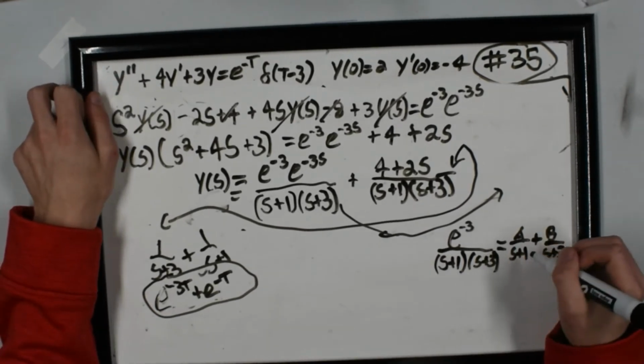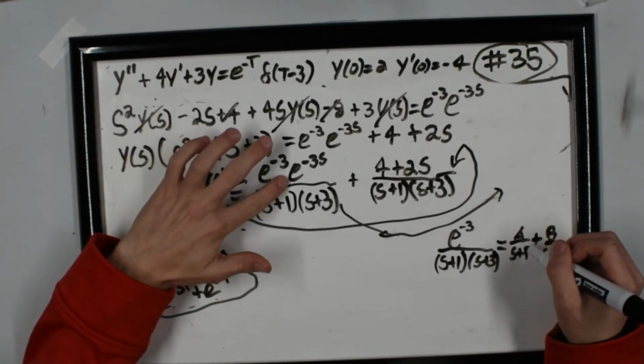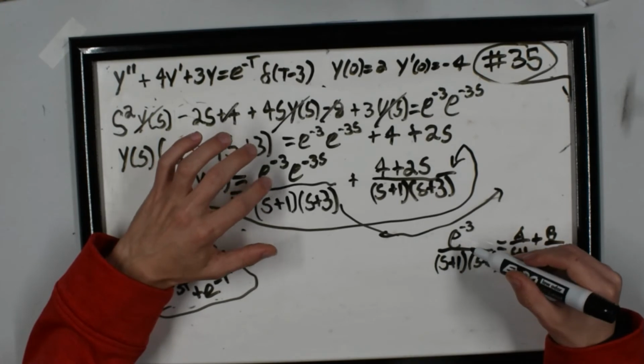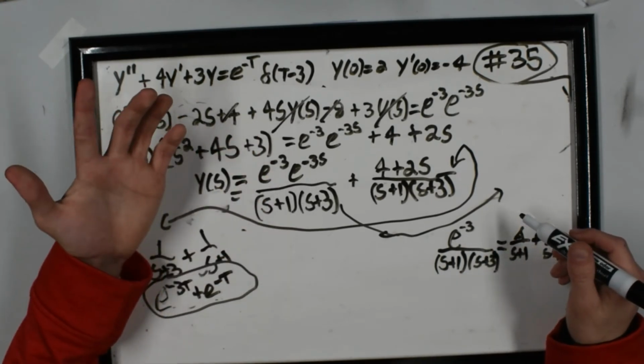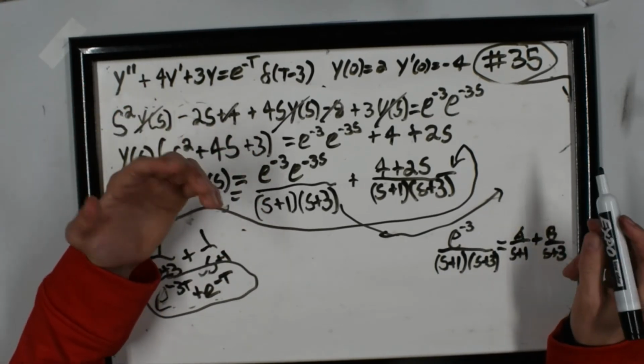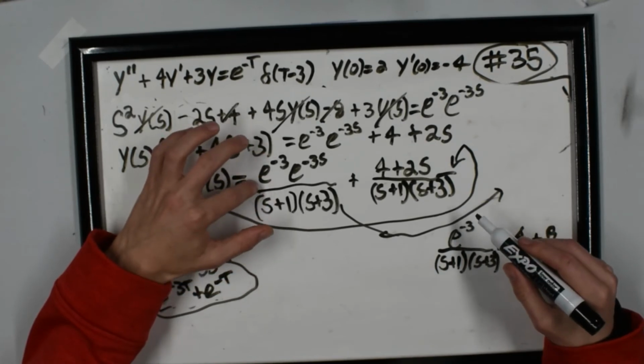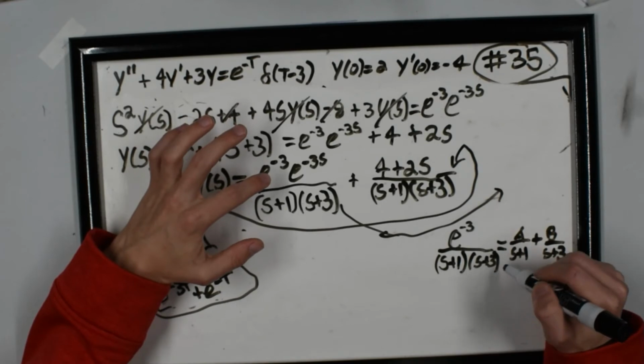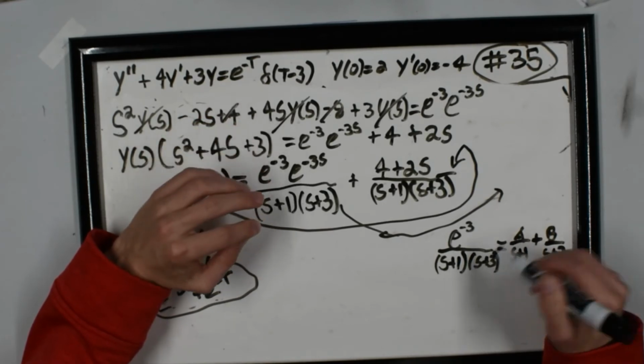But to refresh your memory, we just do the partial fraction neglecting the step function term, which is e to the negative 3s. So you just neglect the e to the negative or positive whatever term. But this is e to the negative 3, and that's just a number. So we leave that over s plus 1 and s plus 3.